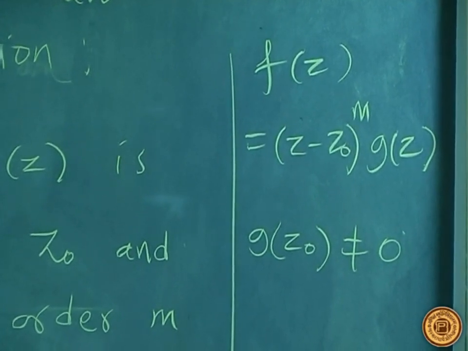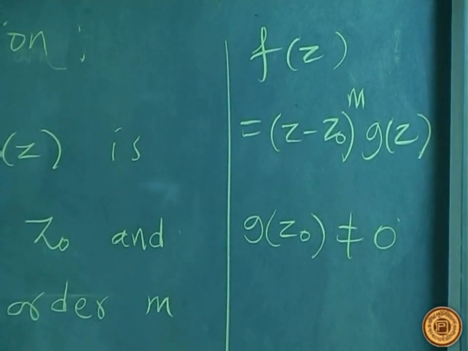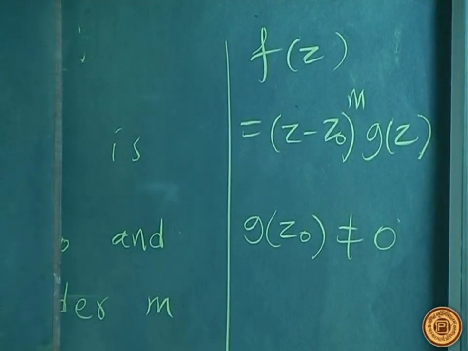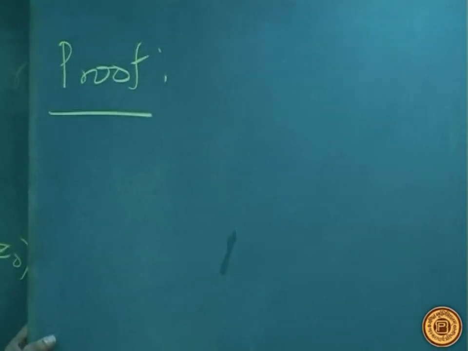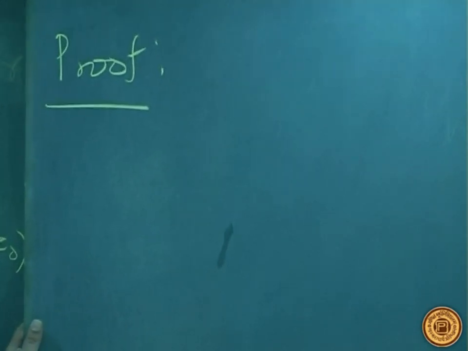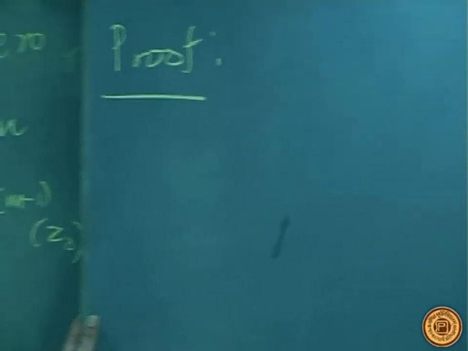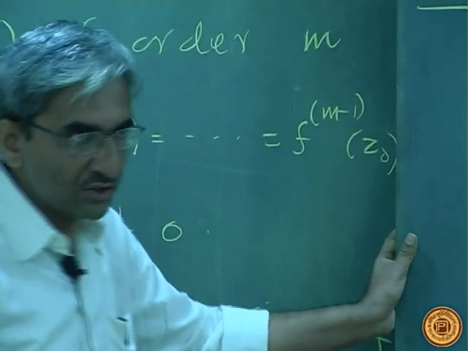So let us consider the proof of this. The statement has gone, but you know the statement now. So there are two parts. First we assume that f has a zero of order m.